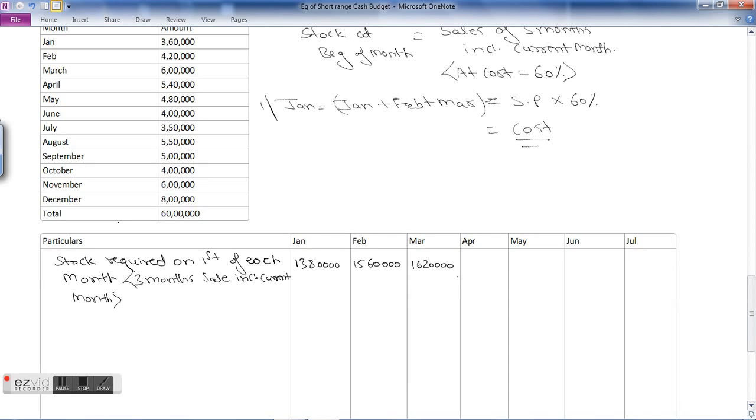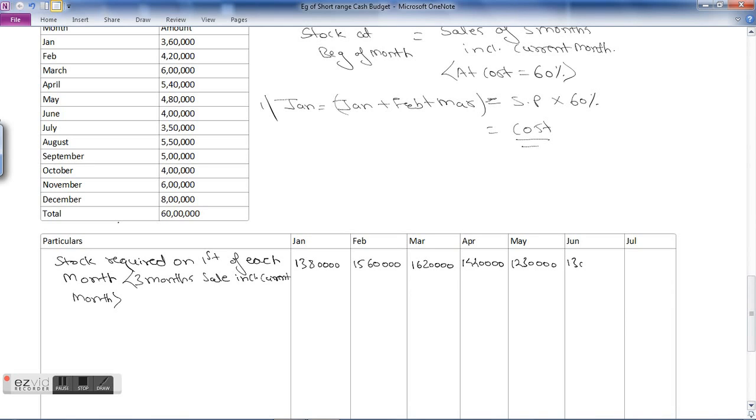So that comes to 14,20,000. Then for the month of May, it will be 4,80,000 plus 4 lakh plus 3,50,000. So that comes to 12,30,000. For the month of June, it will be 4 lakh plus 3,50,000 plus 5,50,000, right? So that comes to 13 lakhs.